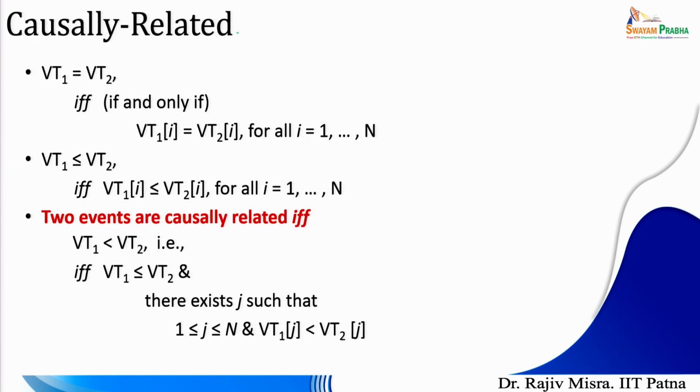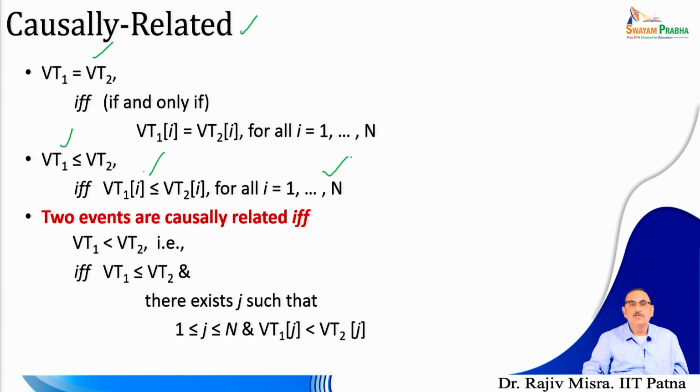Now, the vector timestamp follows causality. That means, if we see the vector time, there are three different relations. If vector time t1 is less than or equal to vector time t2, this means that t1 is less than or equal to t2 for all values of n.